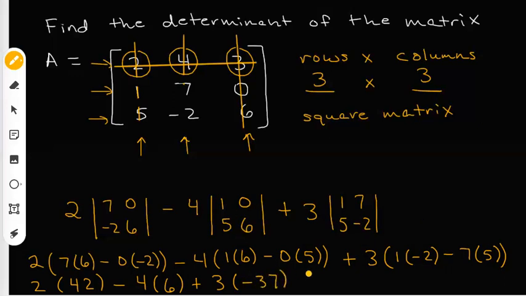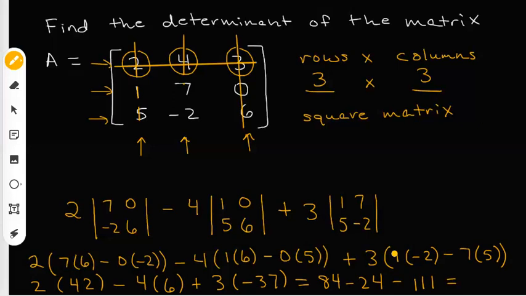And now I just have to figure out what this is. 2 times 42 is going to give me 84. 4 times 6 is going to give me 24, and it's going to be -24 because of the negative. And then over here, 3 times -37 is going to give me a negative number. It's going to be -111.